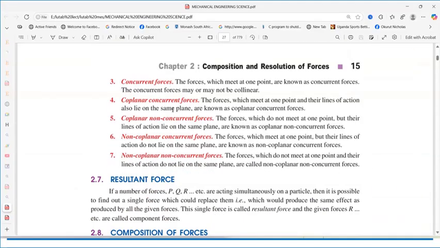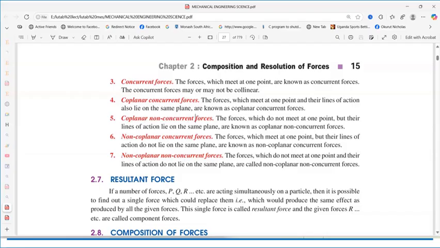Now, concurrent forces are those forces which meet at one point, okay? You can have coplanar concurrent, they are in the same plane and they meet at one point. You have coplanar non-concurrent, they are in the same plane but they do not meet.